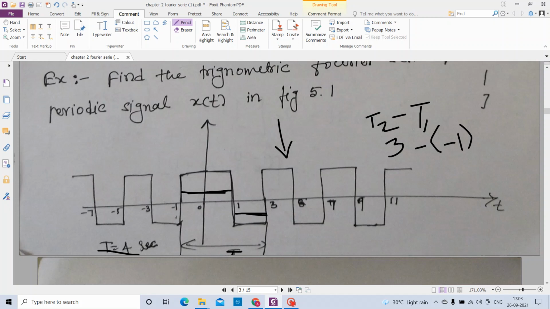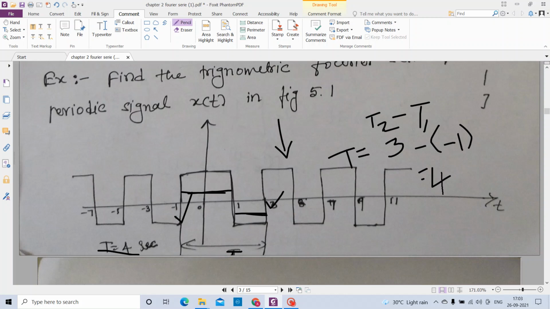The fundamental time period lies between minus 1 and 3. Using these two values, we find the fundamental time period, capital T. So T is equal to T2 minus T1, which is 3 minus of minus 1, equal to 4.